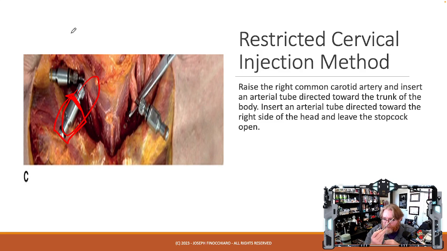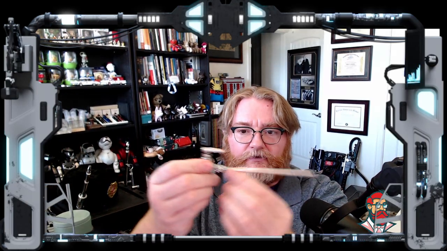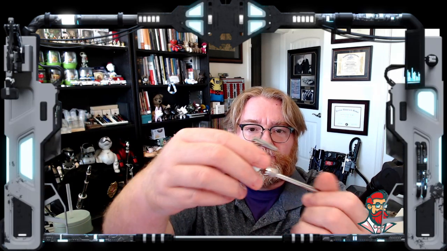Brought out the old embalming kit. So, what I have here, I'm going to go to full screen very quickly, is an arterial tube, a straight arterial tube, threaded at the end, and here is my stopcock.